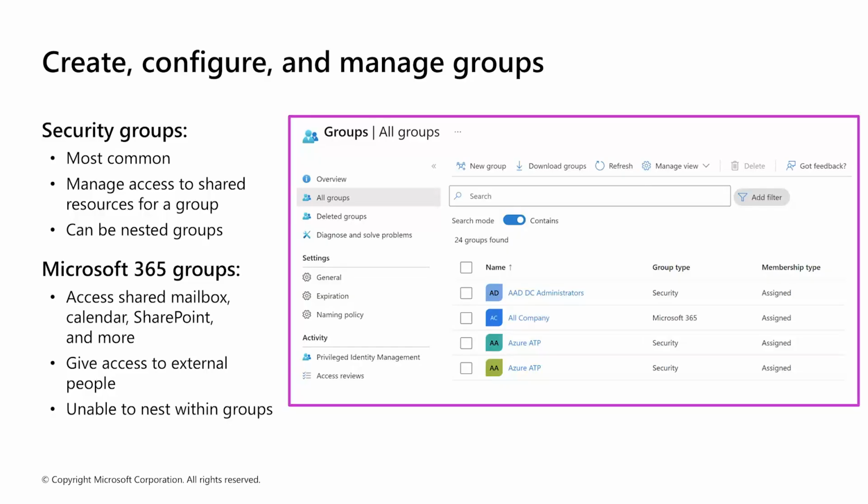Like we have security groups, which is most common, to manage access to shared resources for a group, can be nested, followed by Microsoft 365 group solution. Groups simplify the security, collaboration, and administration. If your group strategy is weak, admin work will also increase accordingly.